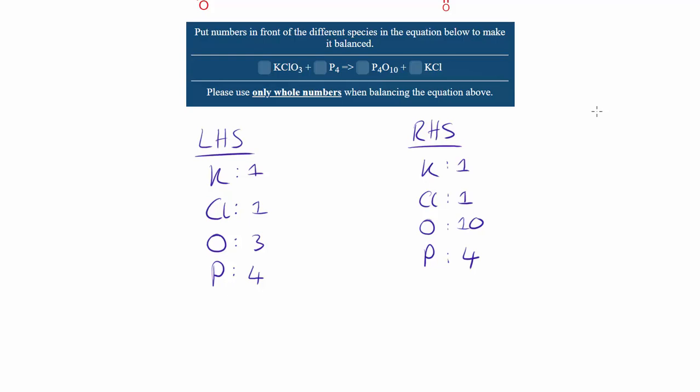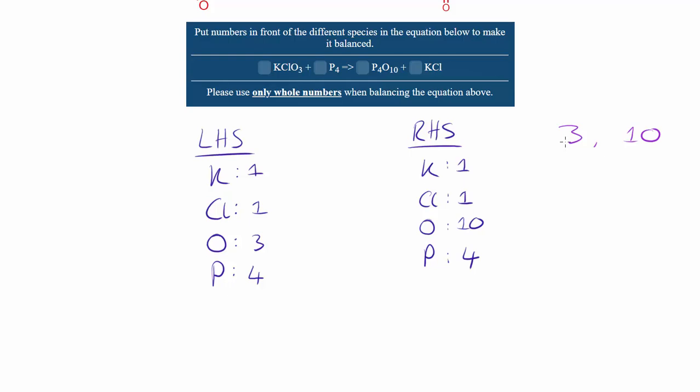In essence, we're really looking for the lowest common multiple here, for both 3 and 10.